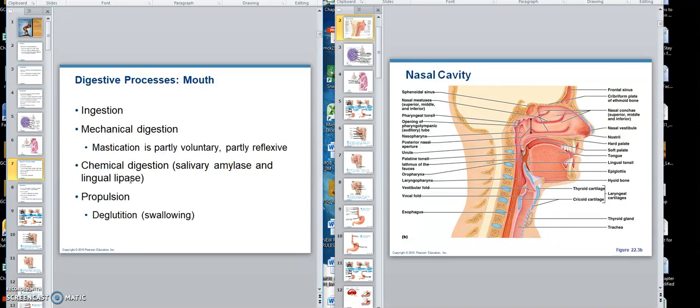Those boluses, which are smaller chunks, can be wet by saliva, and within the saliva are the enzymes, amylase and lipase. So you can start working on fats and carbs in the mouth. You don't work on proteins at all; they need too strong of enzymes. So the first time you work on proteins is in the stomach.